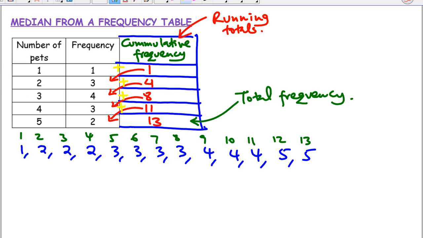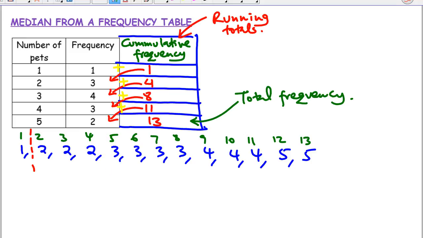Number two occupies the second position, the third position, up to the fourth position. So number one, just first position. Two, up to the fourth position.